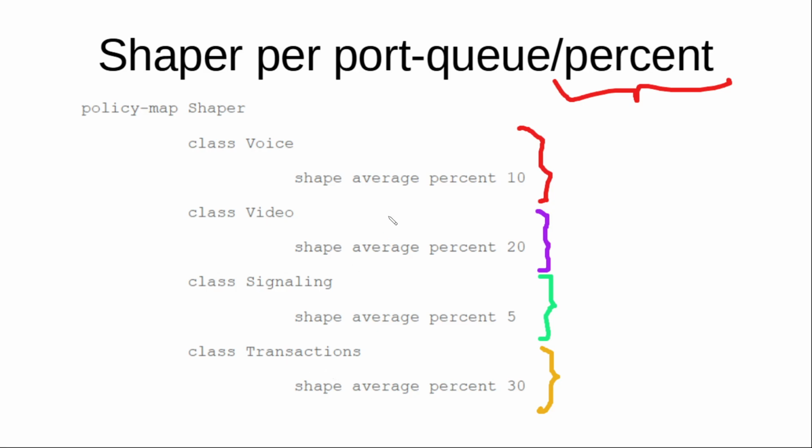Given this is a shaper per port queue, this class will be assigned an egress queue, this other class will get assigned a different queue, this other class a different queue, and this a different queue. Notice that we are using percent 10, percent 20, percent 5, and percent 30.